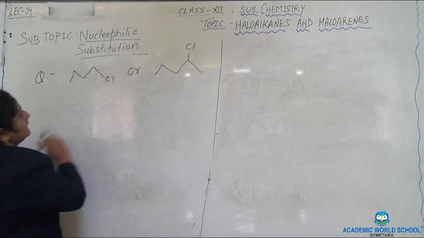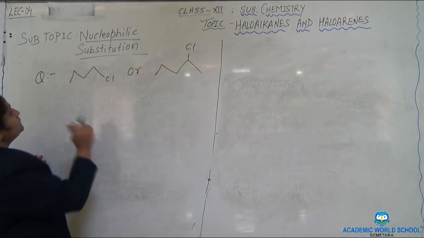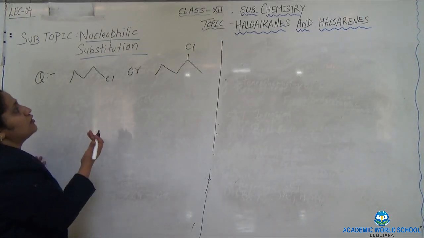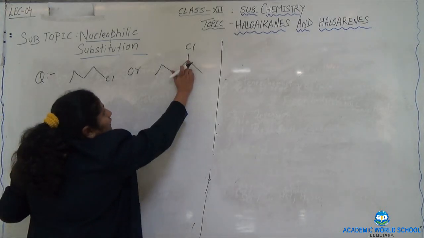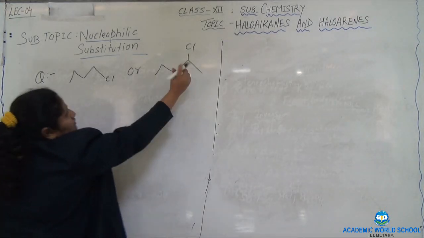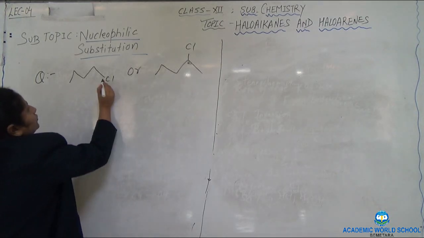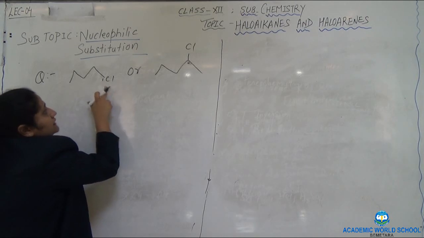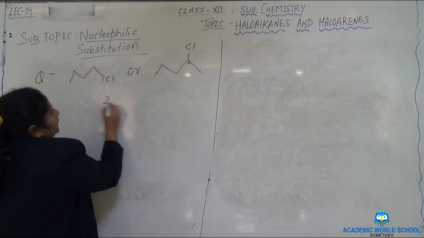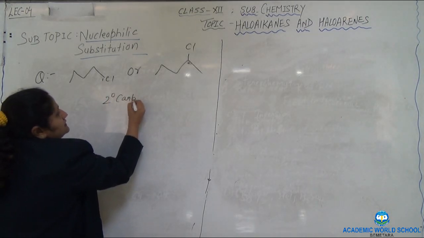In this case, you will always focus upon the reactivity of 1 degree, 2 degree and 3 degree alcohol. Here you can see the chlorine atom is attached at the second position of the carbon atom, or here the chlorine atom is attached to the first carbon atom. So, in this case, secondary carbocation is more stable.